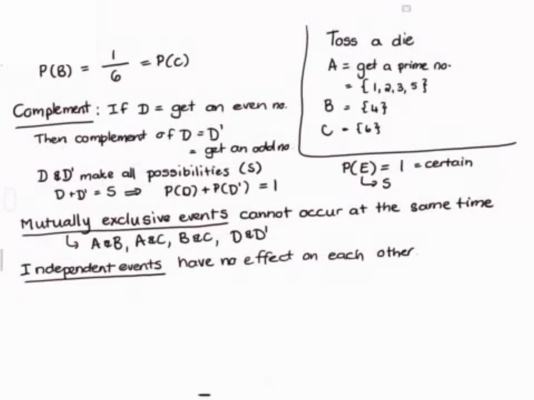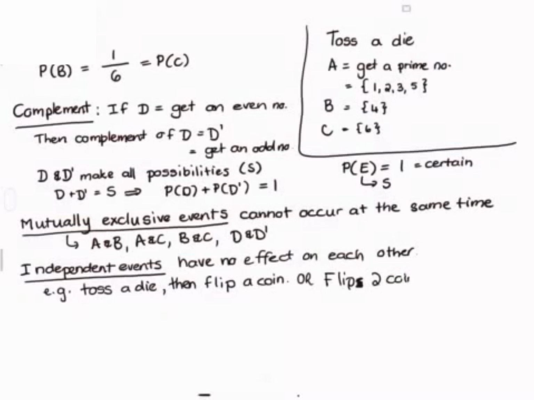So, for example, toss a die, then flip a coin. What you get from flipping a coin has no effect or no result from tossing a die. Whatever I get on the die is not going to tell me what's going to happen when I flip a coin.